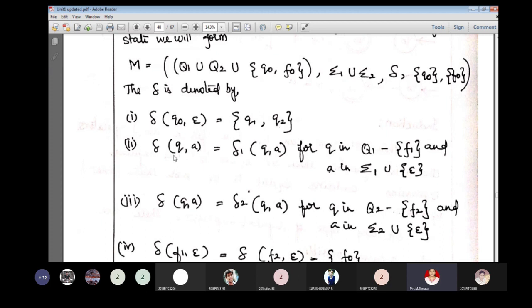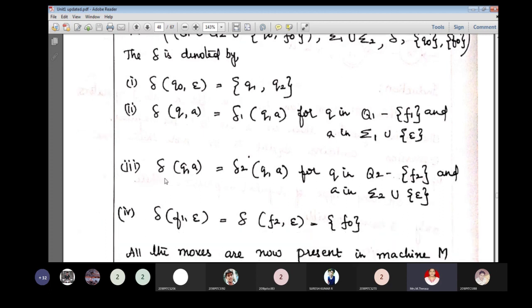Then any del of q comma a is already defined in del 1, and similarly any del of q comma a is defined in del 2, for small q in Q1 minus F1, and a in sigma 1 union epsilon.